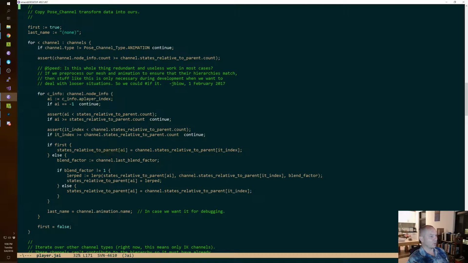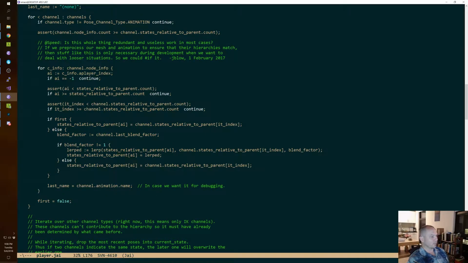Oh, the channel already did that. And then we interpolate in these relative-to-parent spaces so that most interpolations are small. Right? So this lerp is on XForm states. And then we blend in the relative-to-parent space.